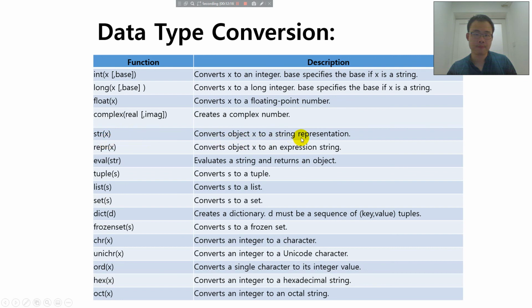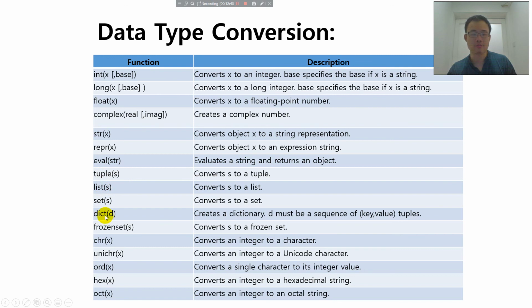And string, you convert anything into a string, okay, and eval evaluates an expression string and returns an object. Okay, this can be very valuable in the future. I think I will have an example to illustrate how to use it. There are also functions that convert something to tuple, list, set, dictionary.